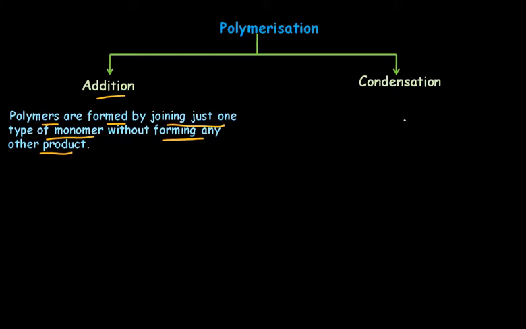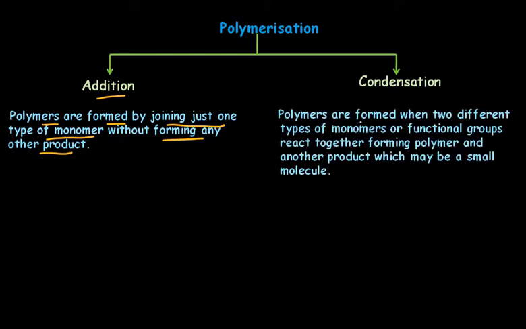But in condensation polymerization, polymers are formed when two different types of monomers, or monomers carrying two different types of functional groups, react together, forming the polymer and some other product, which may be a very small molecule like a water molecule or HCl molecule, or maybe some other byproduct.